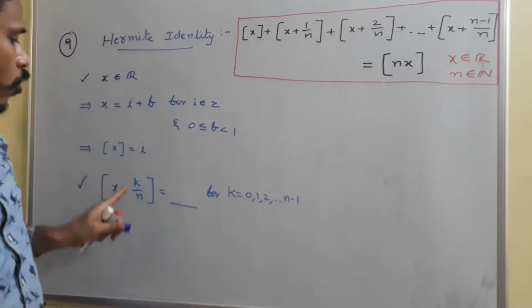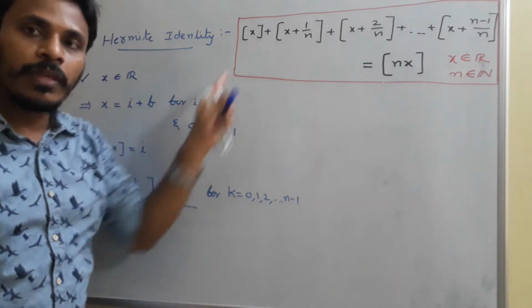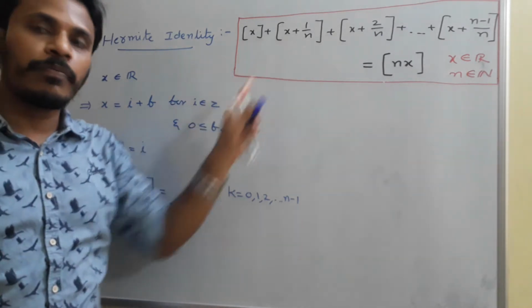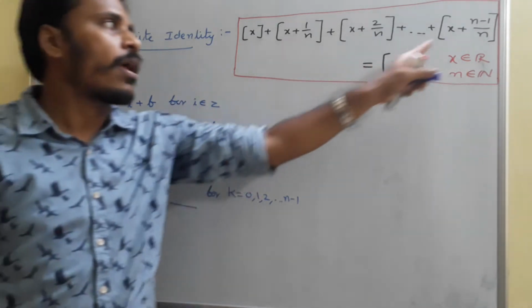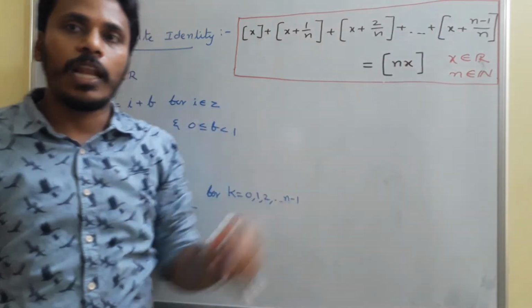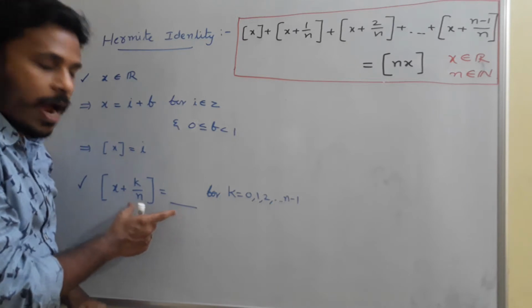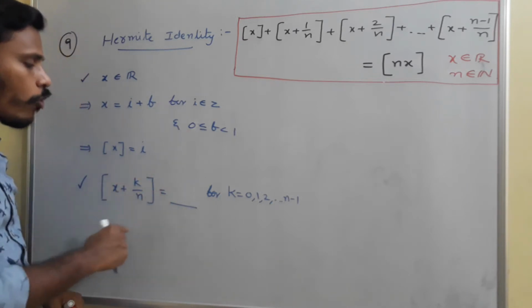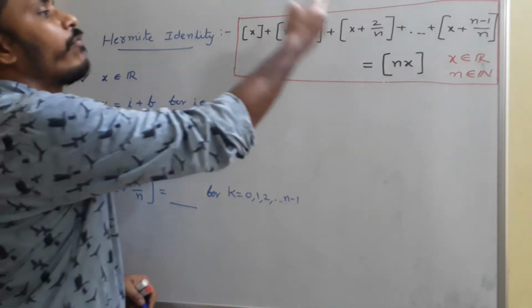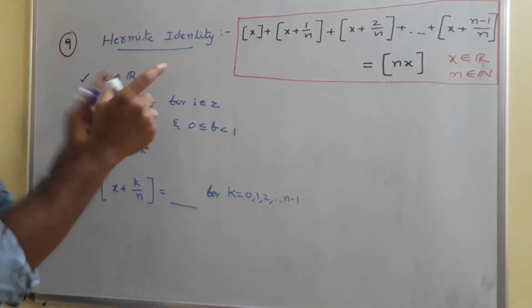Is it right? So x plus 0 by n is the first term, x plus 1 by n is the second term, x plus 2 by n is the third term, and x plus n minus 1 by n is the last term. So what is its value? First of all, we need to think about it. And after identifying the value of step of x plus k by n, we need to prove this Hermite identity.